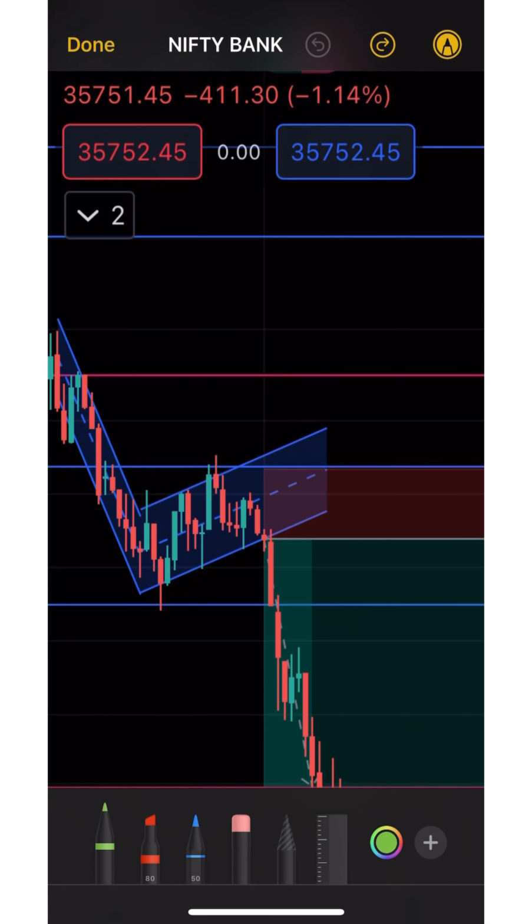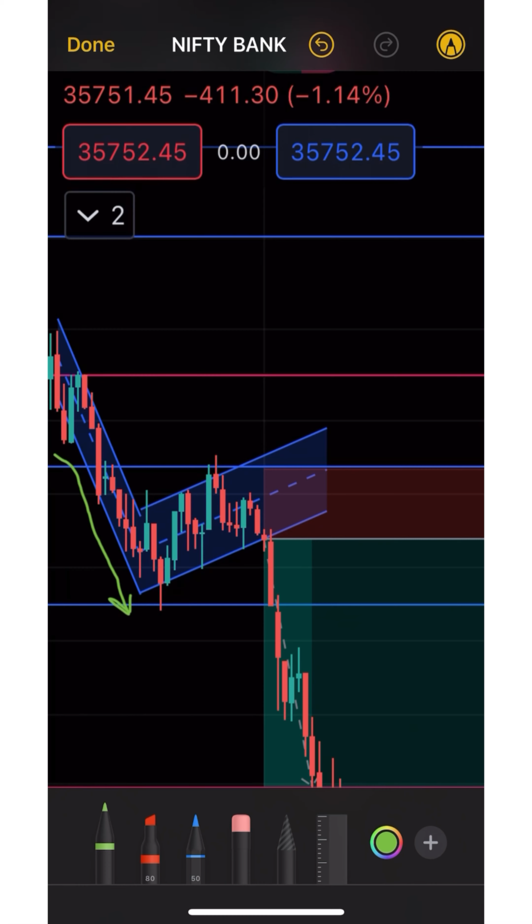As you can see, we discussed step 1. Whenever the market goes downwards continuously, it will make a pole, as you can see in this chart pattern. So this is called the pole of the bearish flag.